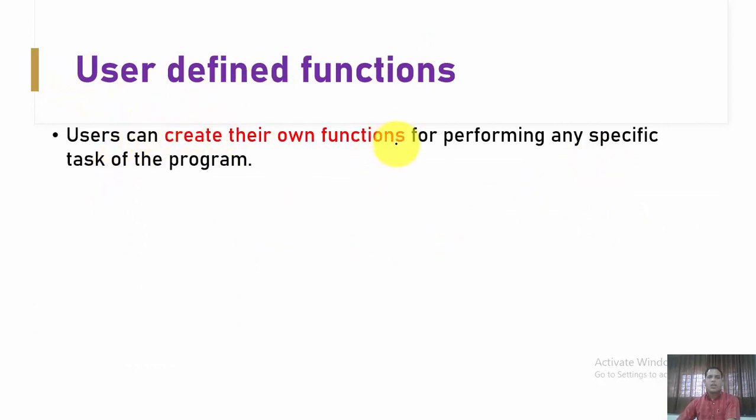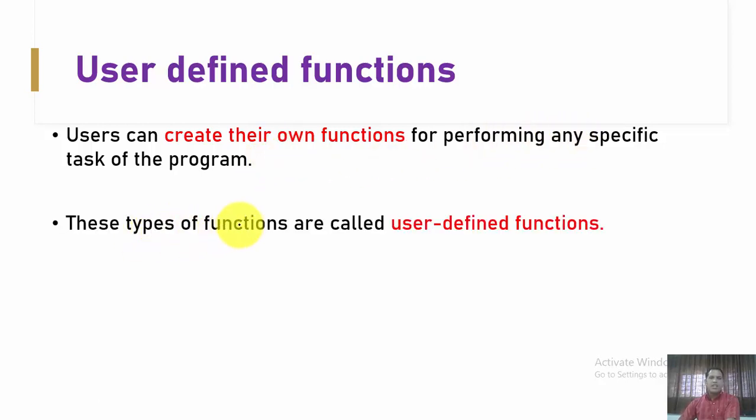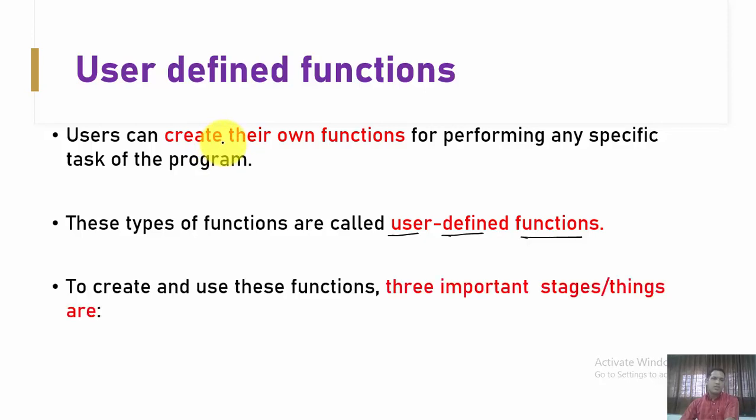Users can create their own functions for performing any specific task. As per the requirement, to perform the required task, we write code, and that function is called a user defined function.